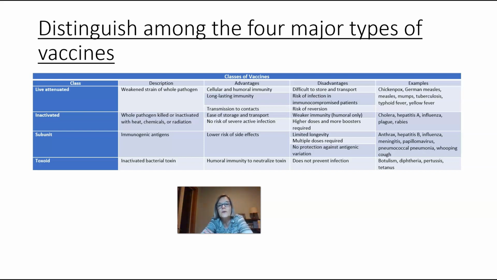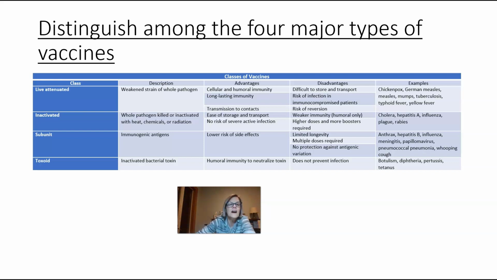So that's something to be aware of. The other one that can happen is there's some kind of mutation, where the virus mutates back into a more pathogenic one, one that's more able to make you sick. So again, these are rare events, but they are possible because it's a live virus.